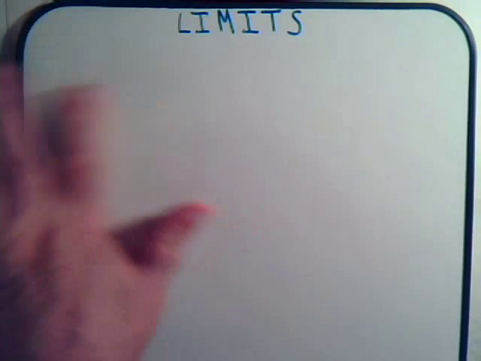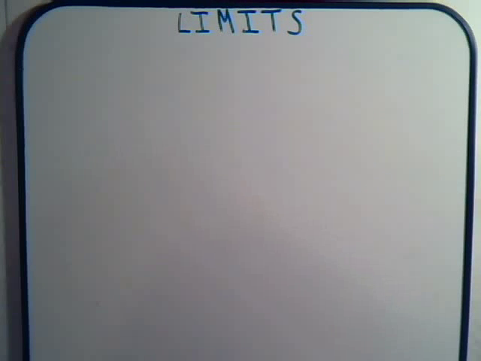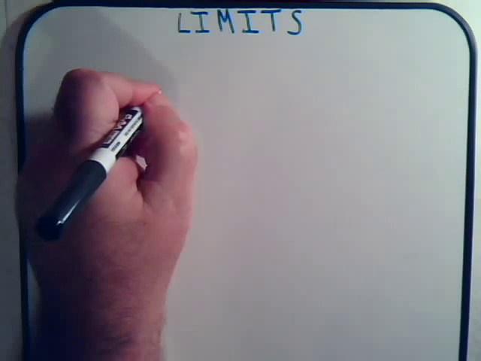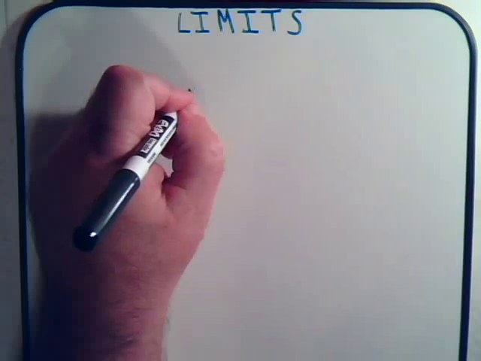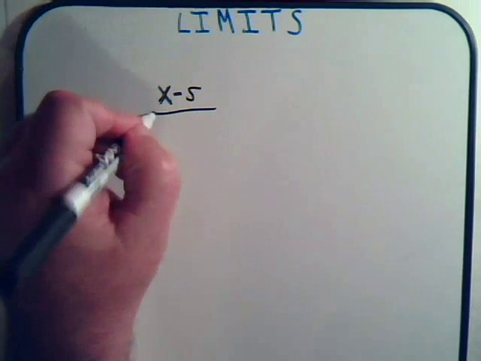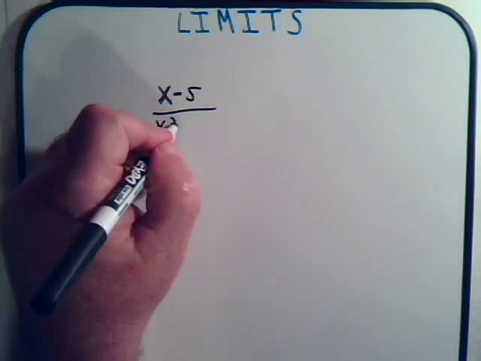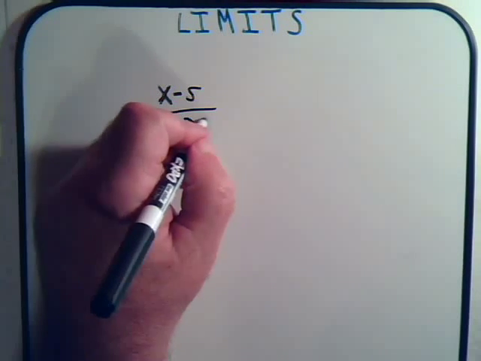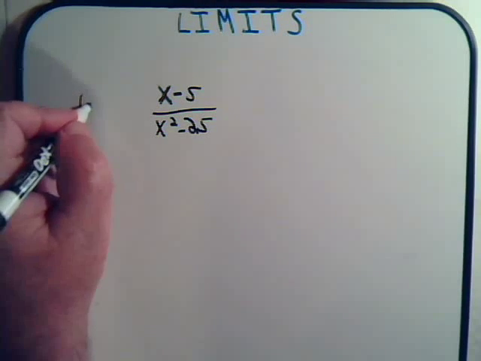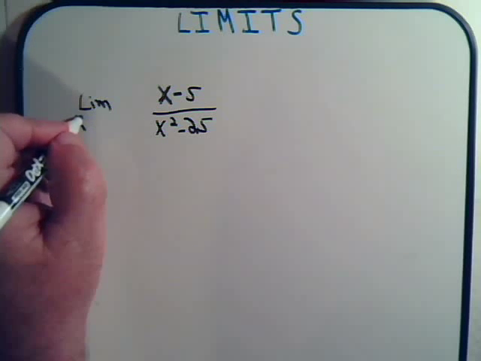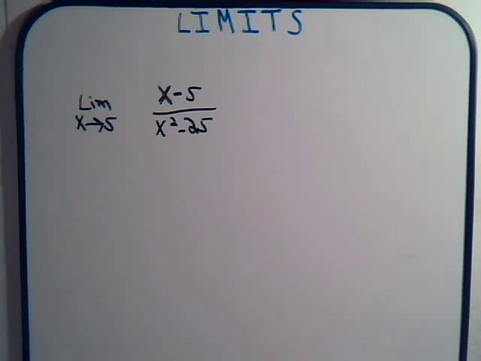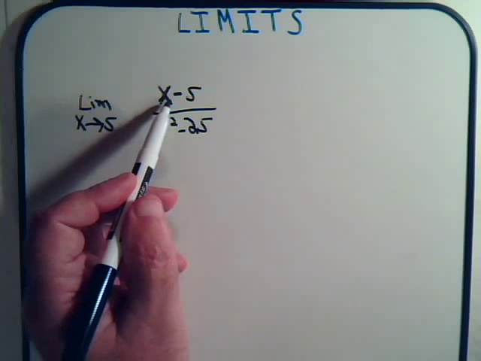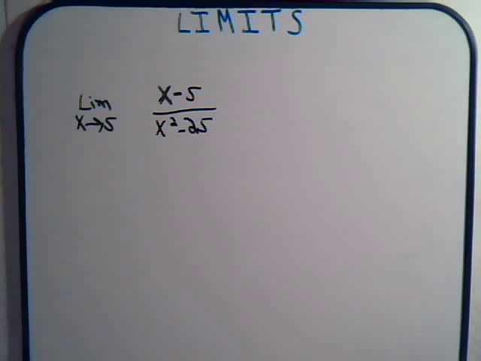Suppose we had this problem, x minus 5 divided by x squared minus 25, and we're going to take the limit again as x approaches 5. If we do that, clearly we're going to get 0 up here and 0 down here.